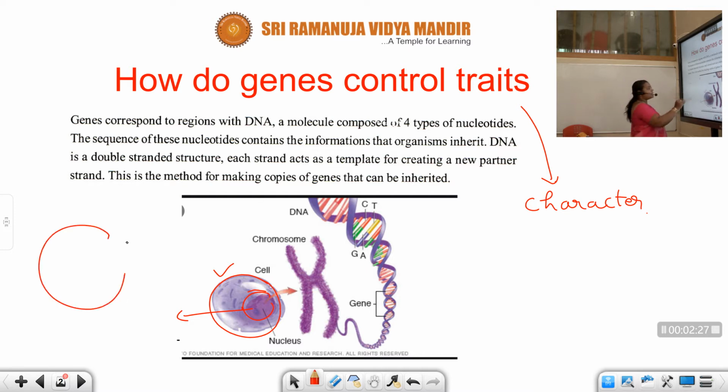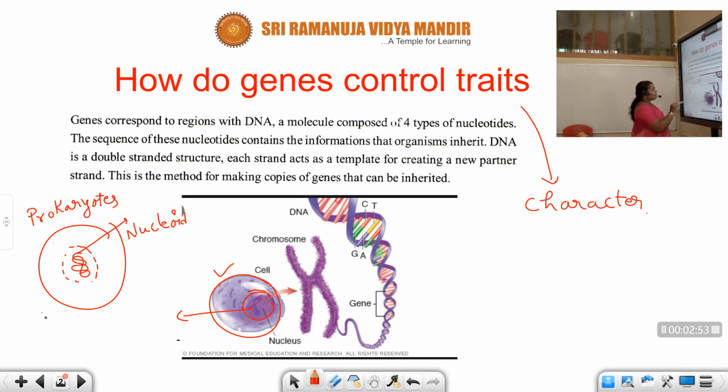For example, this is the cell and the genetic material is naked. There is no envelope around this material, so we call this a nucleoid, or we can also call it naked genetic material.